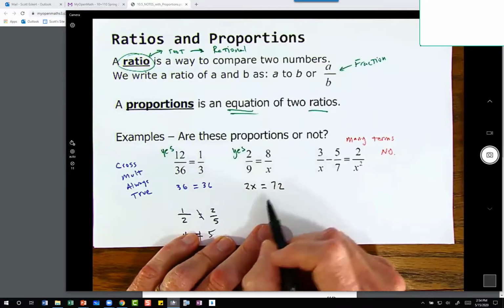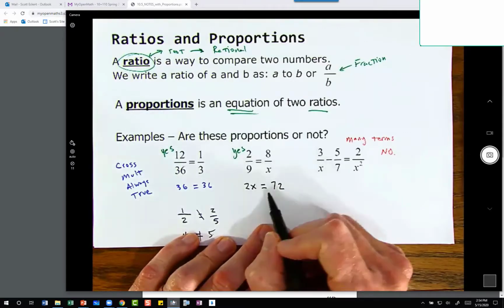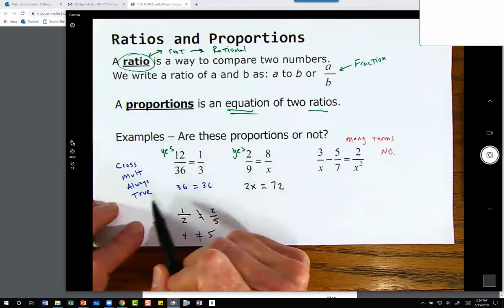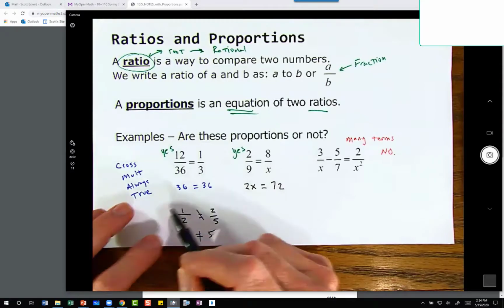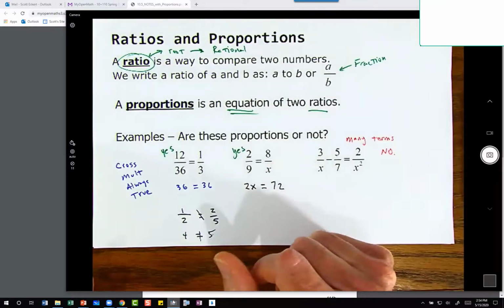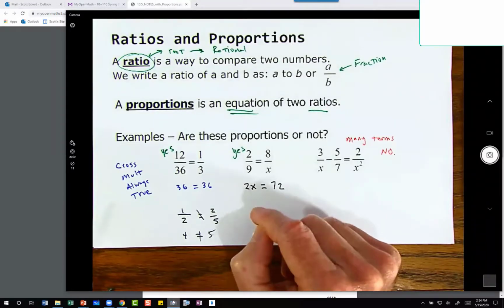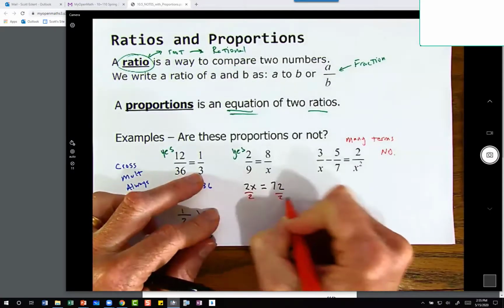Now when I cross multiplied, where's the fractions? Fractions are gone. That's one of the sweet, simple ideas about this cross multiplying tool, is that you can get rid of your fractions really fast. But it's only true for proportions. And then we can solve it. Divide by 2 and we'll be done.